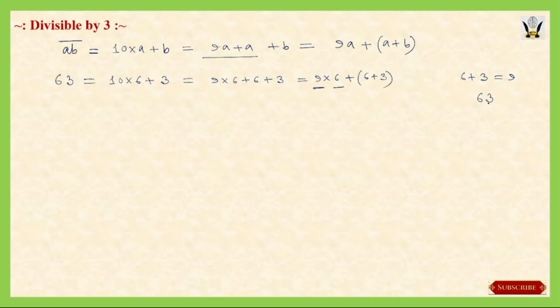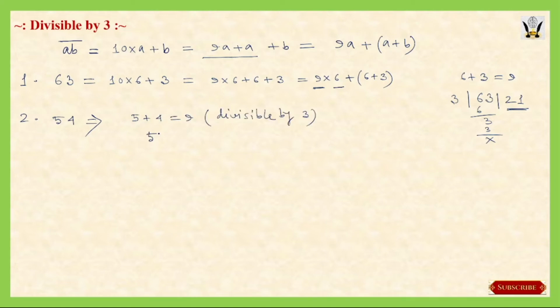Let's check. 63, if we divide by 3, then 3 2s are 6, then 3 1s are 3. So we have the quotient 21 and no remainder. That means 63 is divisible by 3, and 6 plus 3, 9, is also divisible by 3. If we take another example, say 54, then 5 plus 4 is 9, and 9 is divisible by 3.